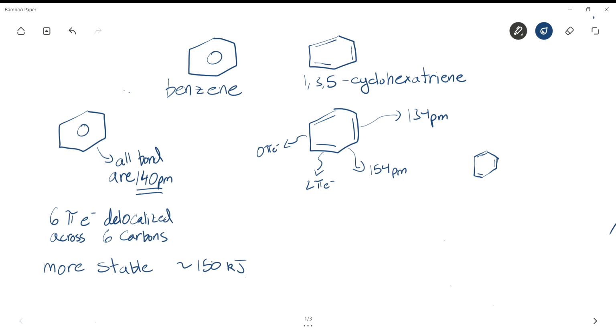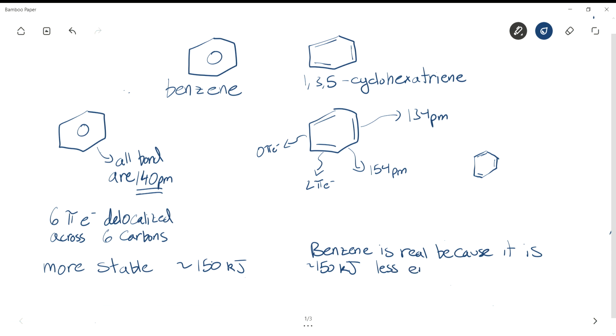So we're going to conclude that benzene is real because it is about 150 kilojoules less energetic compared to 1,3,5-cyclohexatriene.